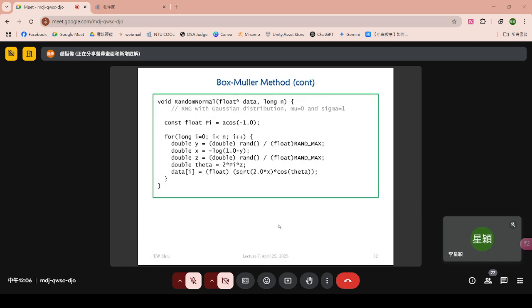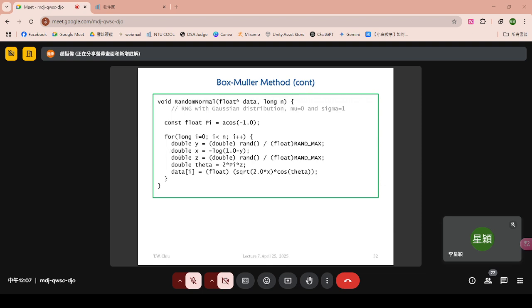And then the code is this, in the sample code, random normal. Pi is the arccosine of -1. First, I generate y, a random number with uniform deviate between 0 and 1.